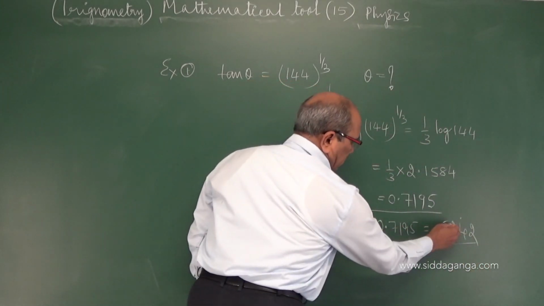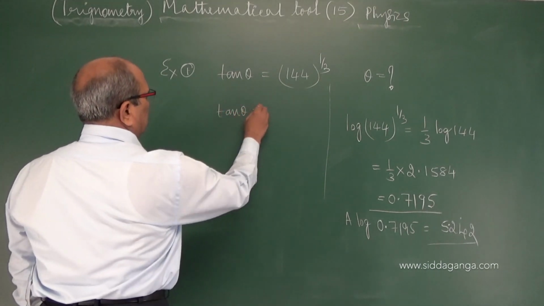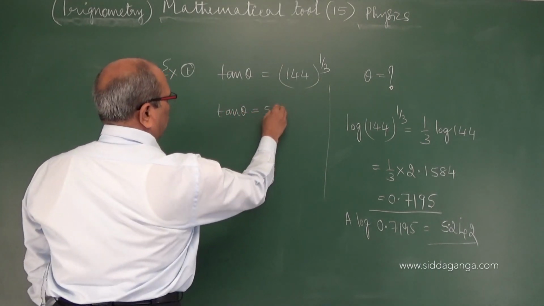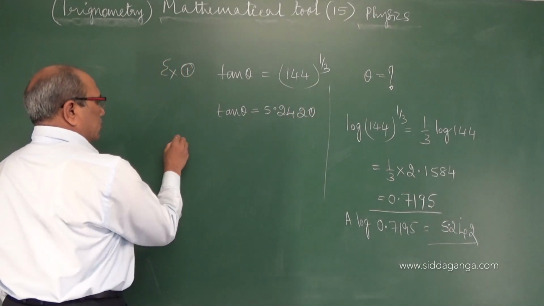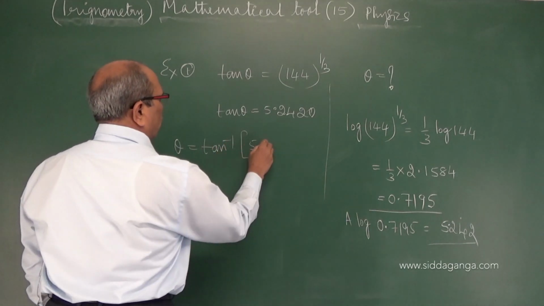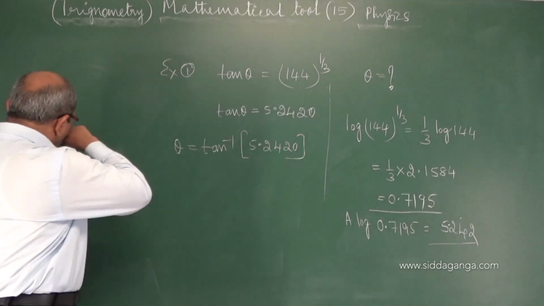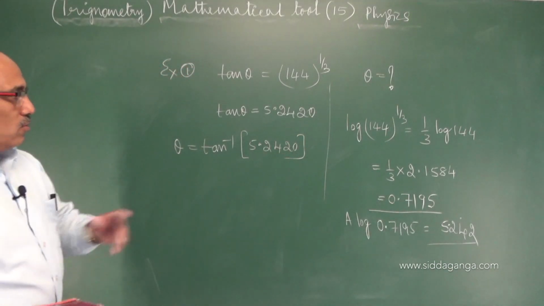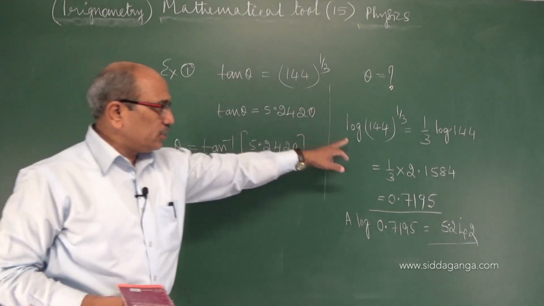Characteristic is 0 means after 1 point. That means tan theta is equal to 5.2420 if you read. Theta is equal to tan inverse of 5.2420. We have to search in the tan table. We got cube root of this as 5.2420 using the log.